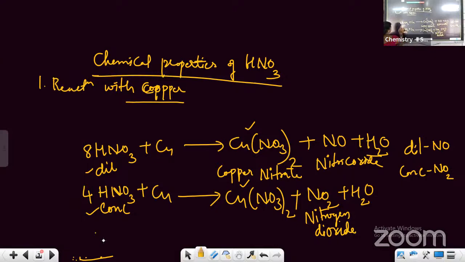Here also you can remember the ratio of HNO3 for dilute and concentrated, 8:4. This is 8, this is 4. If you remember this one thing, you can balance the rest. So 8 HNO3 are there. Try to balance it.